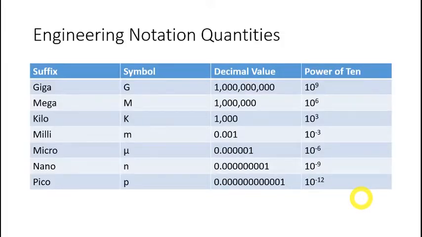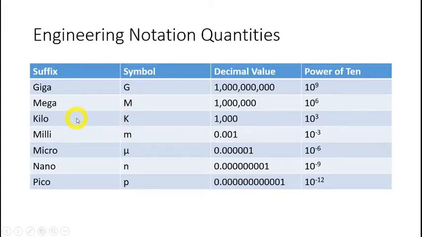So here are our engineering notation quantities. Okay, we'll start moving in the positive direction. The first number larger than 999 is 1,000. And anything from 1,000 up to 999,999 will have a K behind it for kilo. Okay, and that's probably the most common.